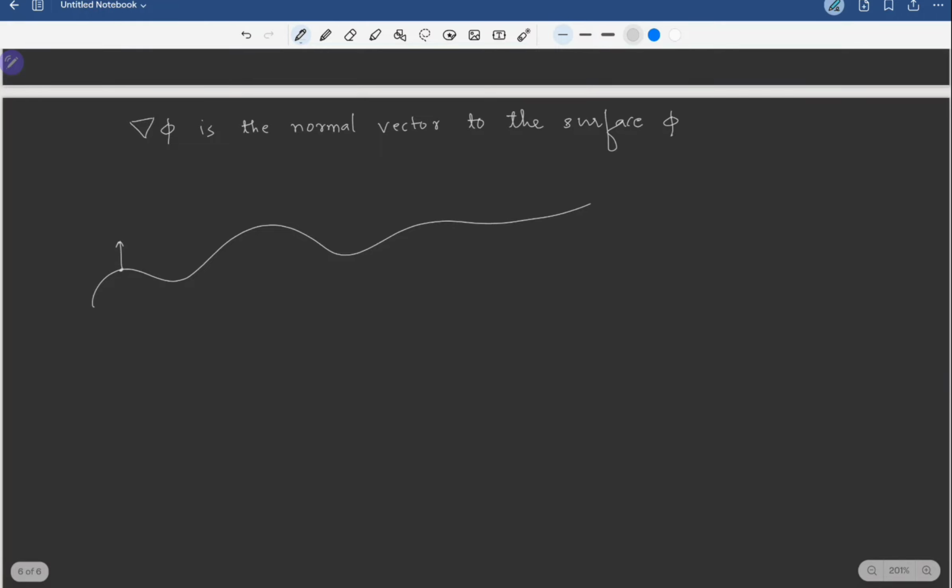Let this point be x0, y0, z0. Del phi at this point is the normal vector at the point P, which is x0, y0, z0.